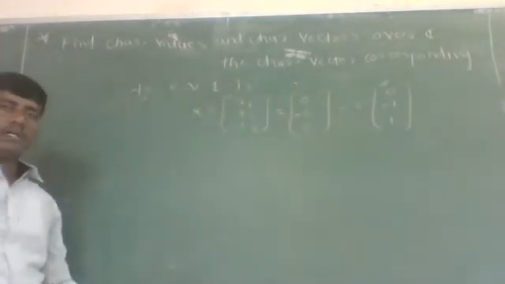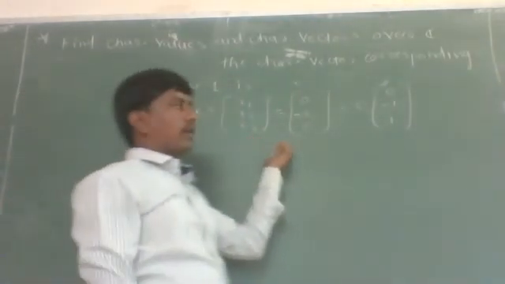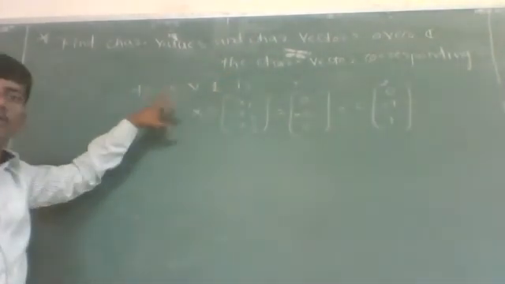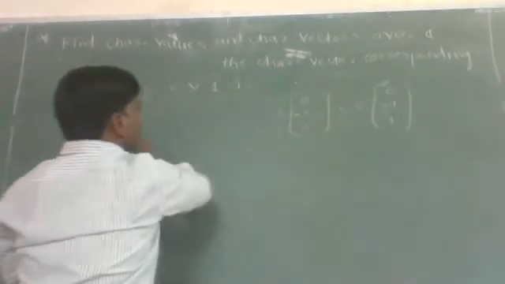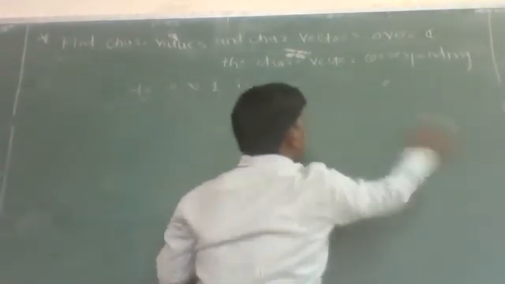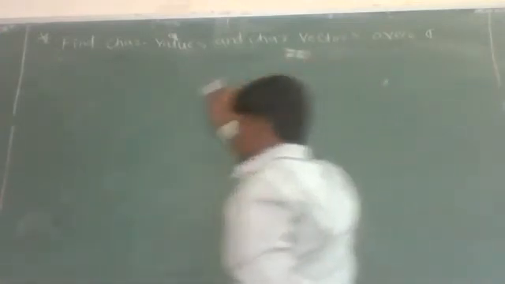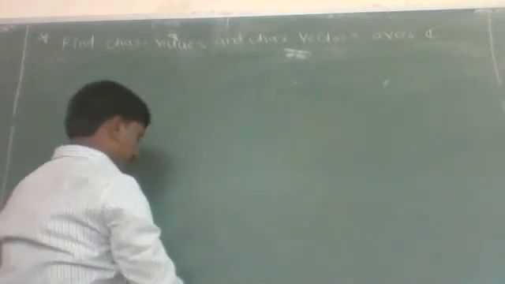So this one is the characteristic vector corresponding to eigenvalue 1. Now we have to find the characteristic vector corresponding to eigenvalue 2, and finally the characteristic vector corresponding to eigenvalue 4, since 1, 2 and 4 are the characteristic values of the given matrix.